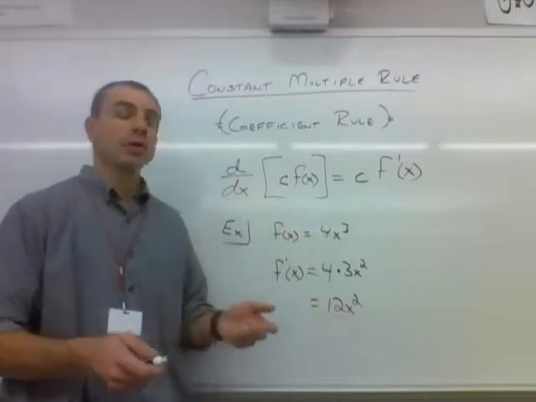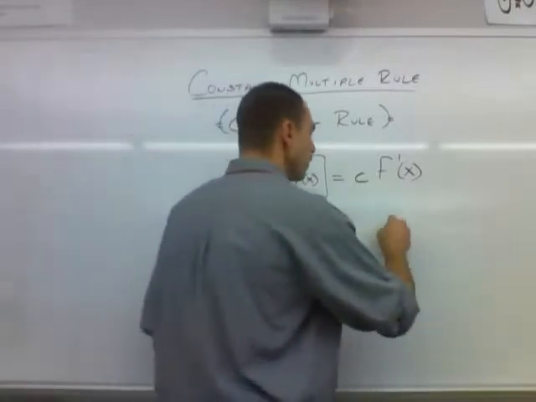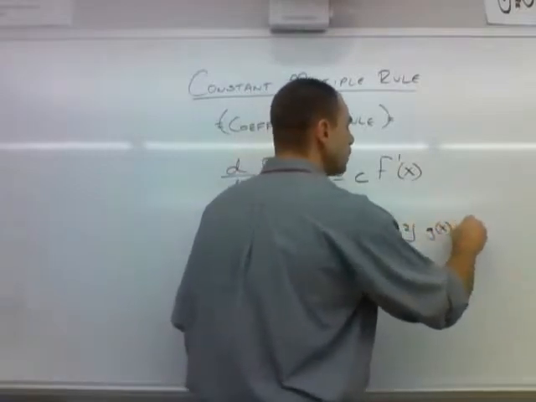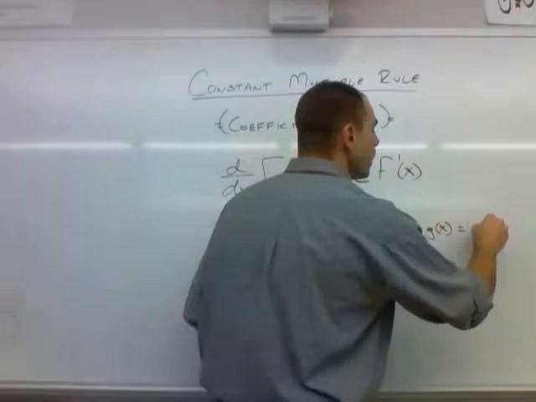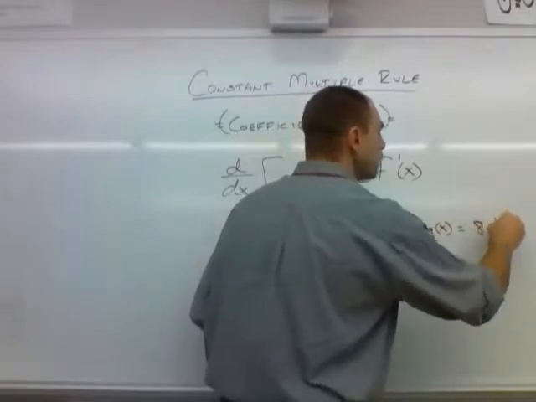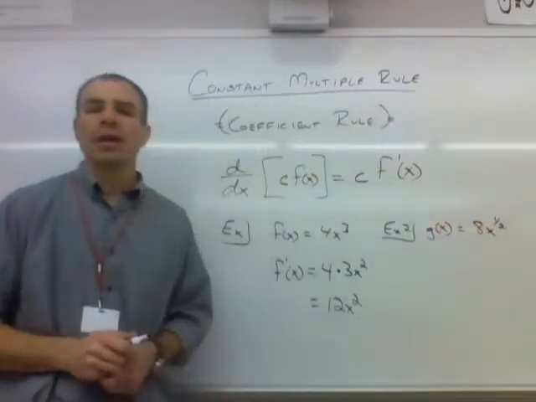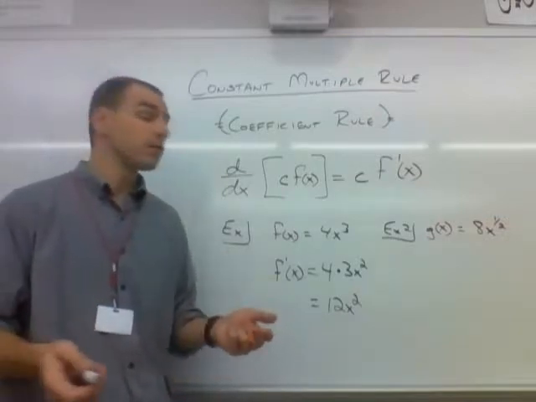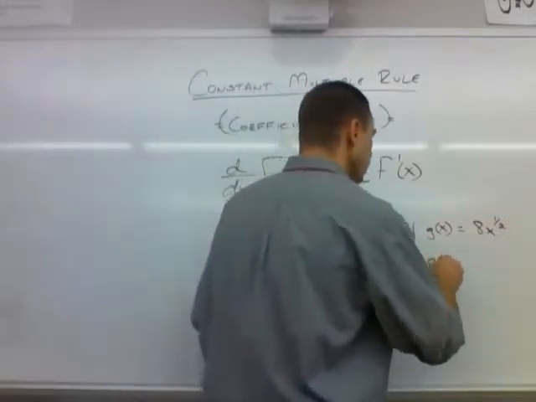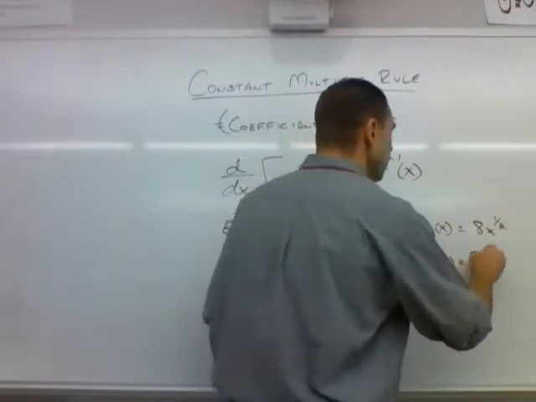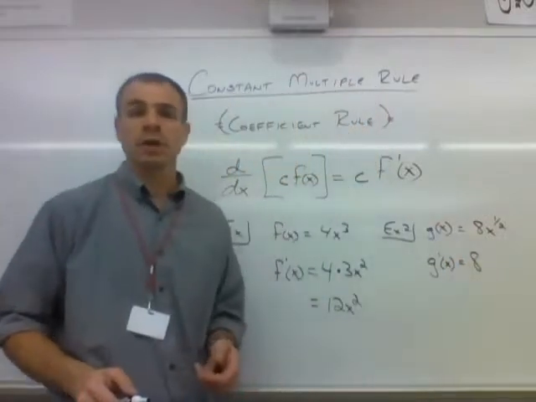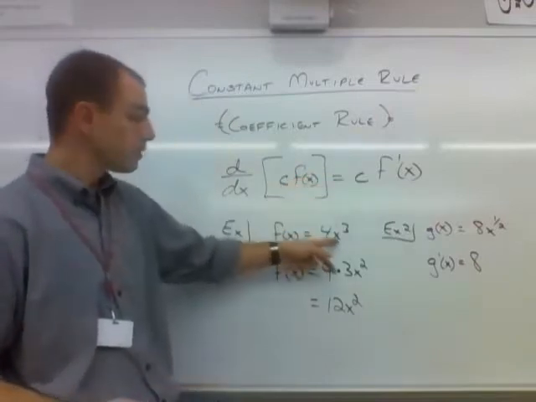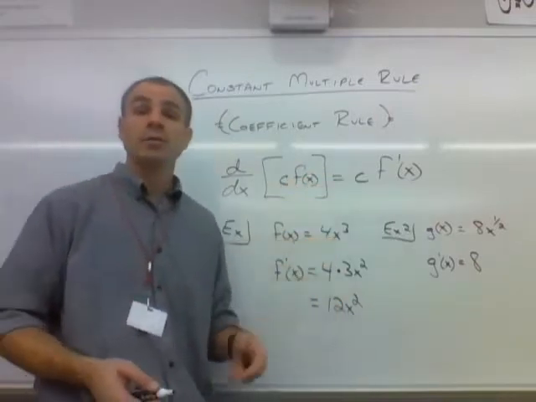Let's do another example or two. Example 2: g of x is equal to 8x to the 1/2. 8 is the coefficient, x to the 1/2 is the rest of the function. So by definition, in our derivative, the 8 will move down, and then x to the 1/2 we're going to derive using our power rule again, just like we used the power rule to turn x cubed into 3x squared.